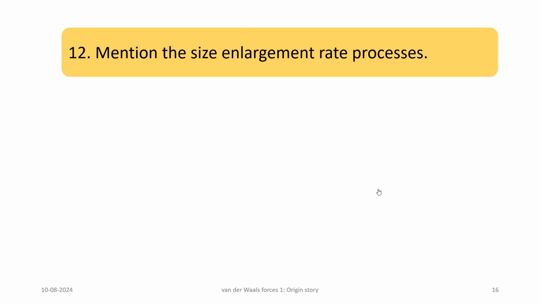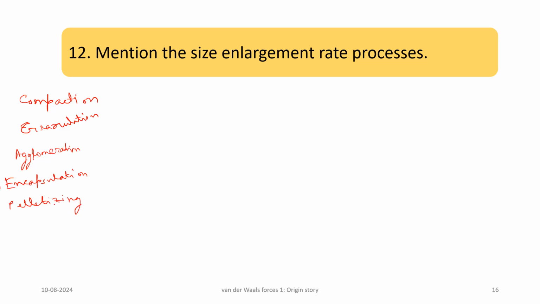There are almost six or seven processes: compaction, then granulation, then agglomeration, encapsulation, pelletization or sintering, freeling, etc. We will go through each type with videos.